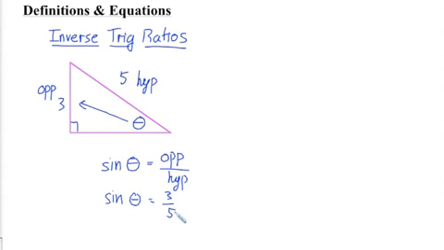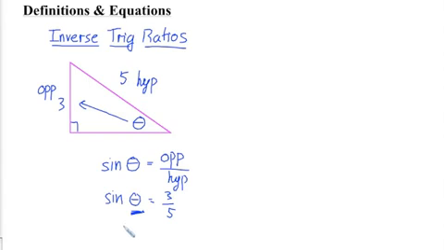The only unknown in this equation is theta. But I can't simply just divide by sine, because sine theta is a function all by itself. So sine and theta go together. I need a new way to separate sine from theta. And we can do that using the inverse of sine.